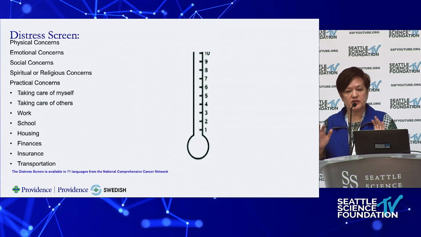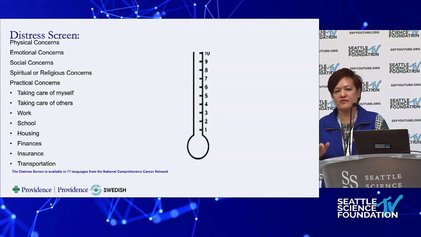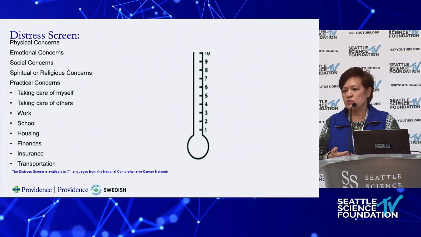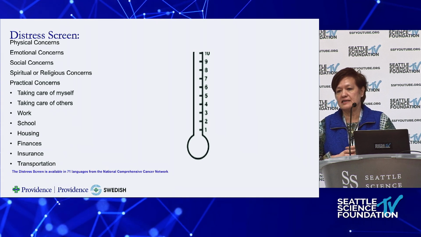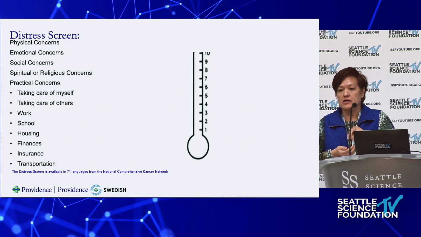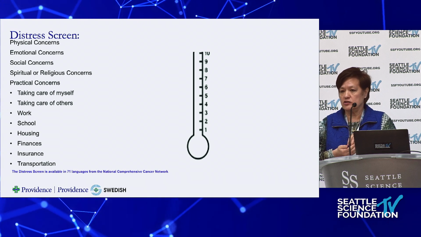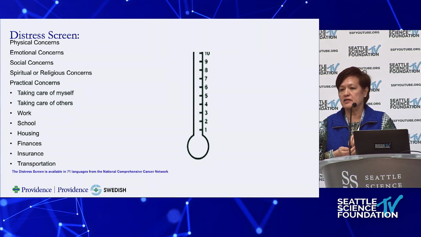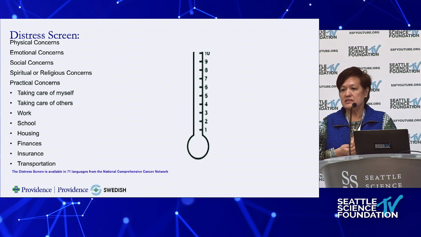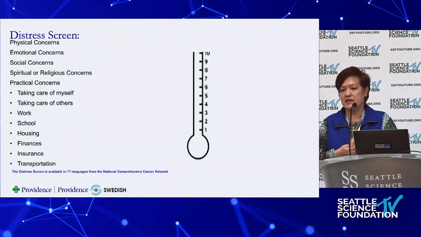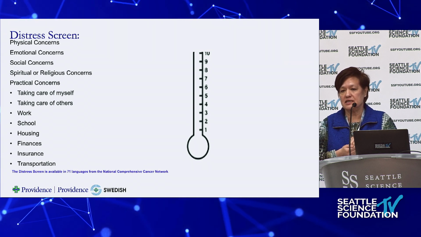This is my version of the distress screen. Most of you will be very, very familiar with this. The reason I want to start off with the distress screen is that this is the main initial point of contact that your social worker will typically have with a glioblastoma patient. This gives us a lot of information about things that the patient needs immediately.